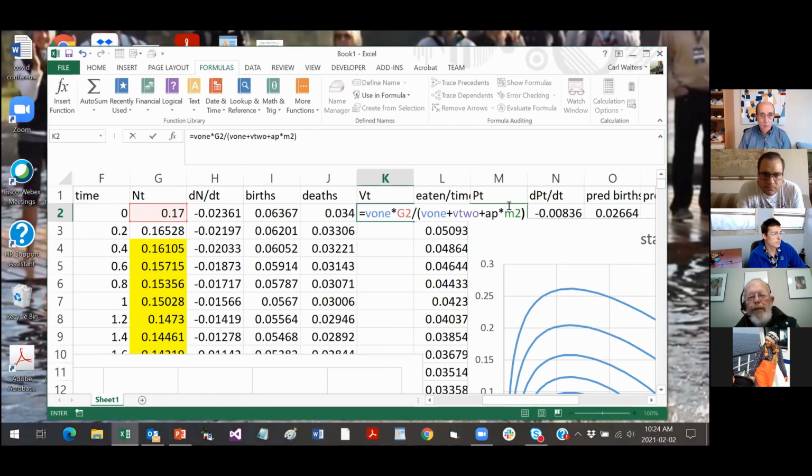If you go back and look at my PowerPoint presentation from last week and look at how the foraging arena equation is derived from animals moving back and forth between vulnerable and invulnerable states, you'll see that it predicts the vulnerable prey density to be this inverse hyperbolic function of competitor density. Competitors in this case now being predators, M2.